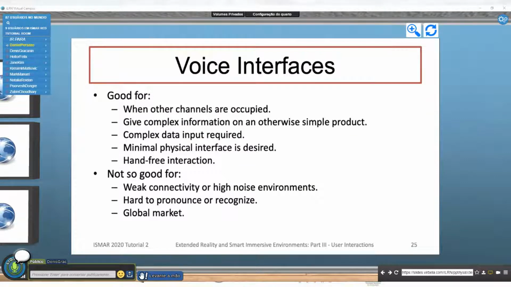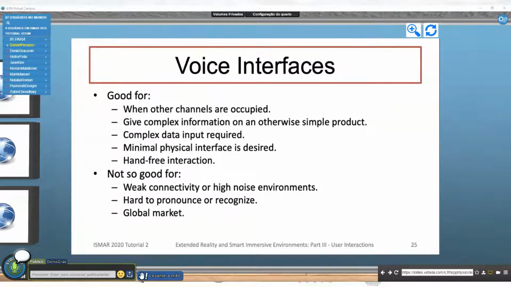So from that perspective, voice interfaces are good when other channels are occupied, or let's say we are doing something with our hands, and therefore voice becomes the only available channel for communication.